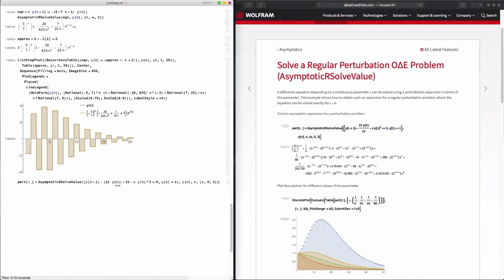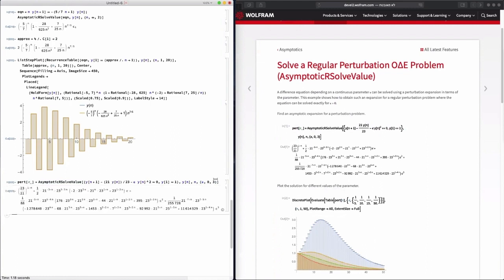It's our solve value with this equation, and we're going to solve for y of n, and then we have a parameter epsilon that we're going to expand about 0. Notice that our y squared term goes away at 0, so it's sort of a singular point, and we're going to ask for the first 3 terms in epsilon.